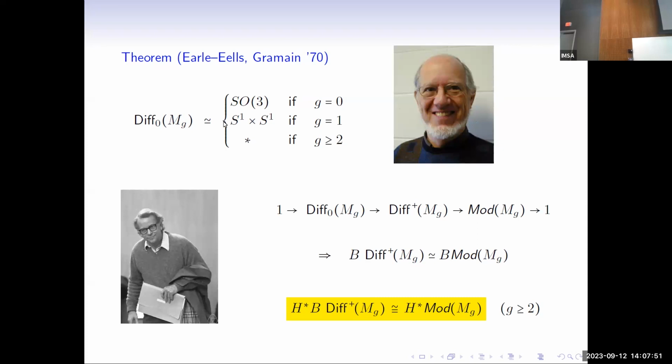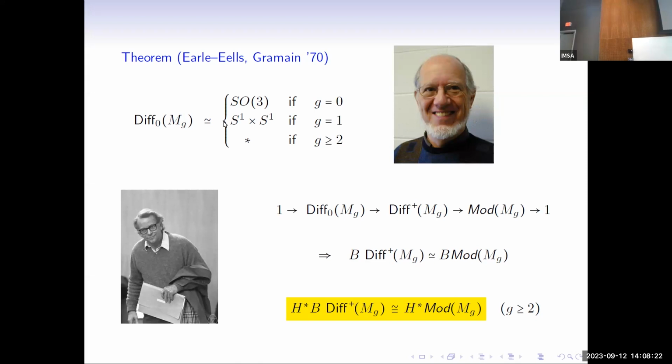In the case of the torus, the connected component of the orientation preserving diffeomorphisms is homotopy equivalent to the torus. The torus acts by rotations in both coordinates, and the inclusion of the torus in the diffeomorphisms gives a homotopy equivalence, and the identity component is trivial otherwise for higher genus.